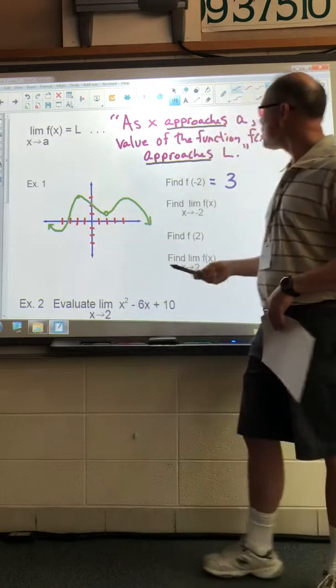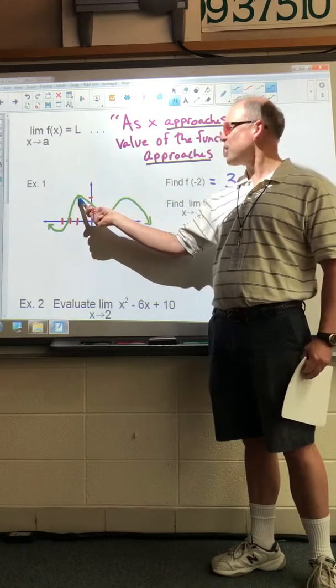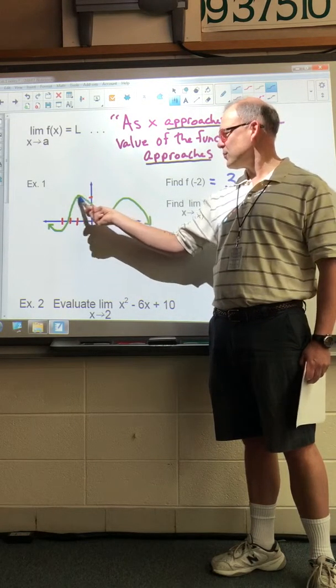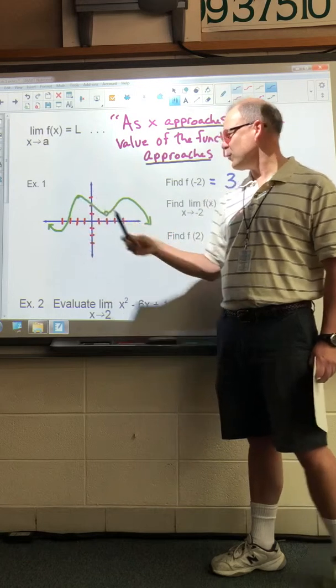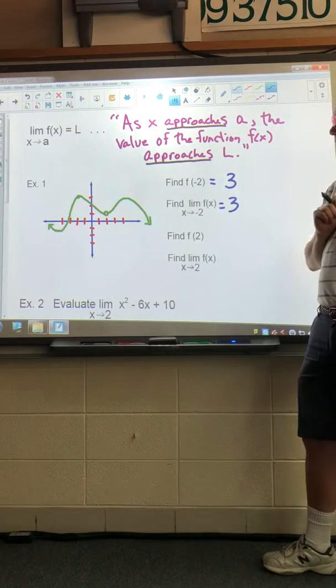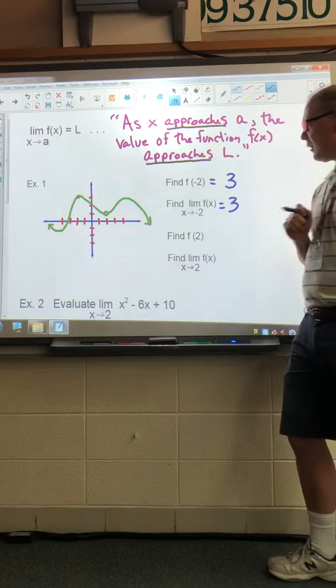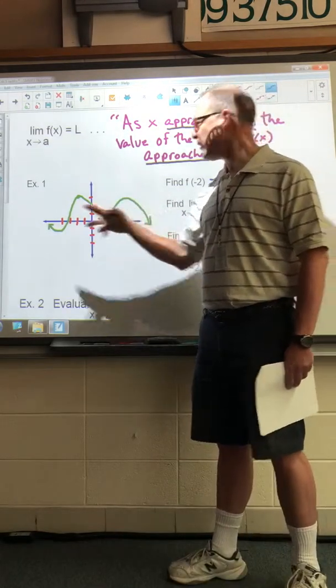As you approach -2, what value are you approaching? In this case, you're approaching a y value of 3. Don't worry, it gets better.